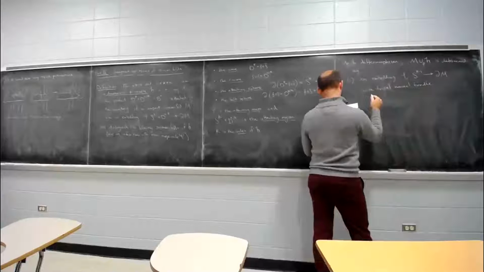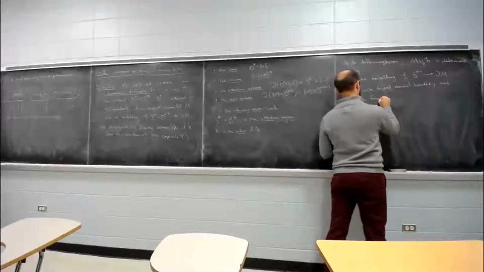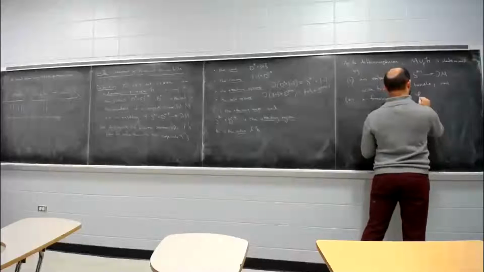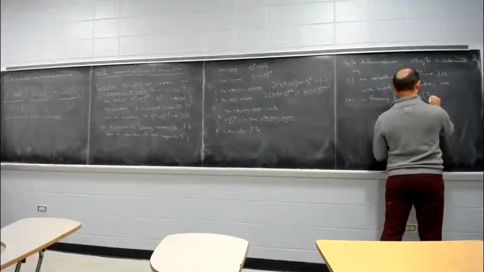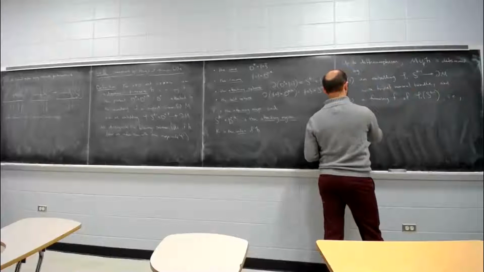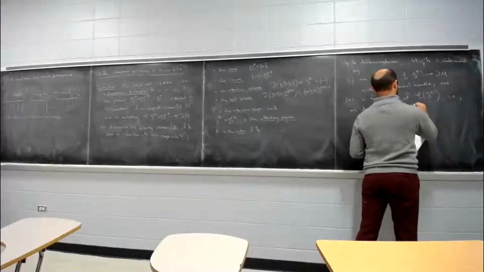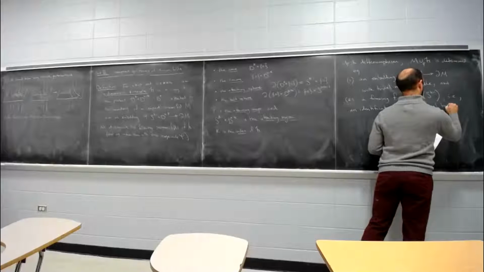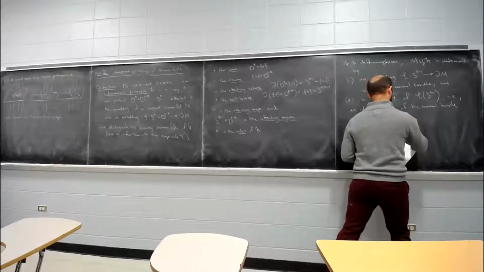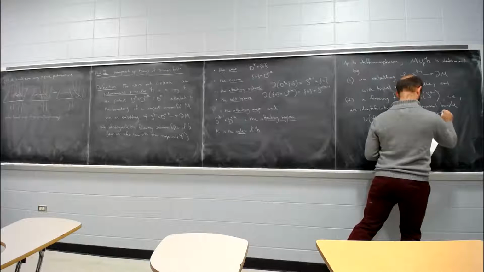And the second piece of information is a framing of this embedded sphere, an identification of the normal bundle of the sphere S^(k-1) with S^(k-1) × R^(n-k+1).